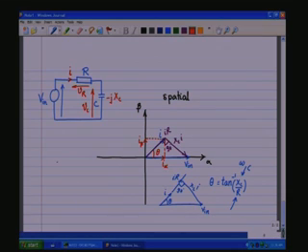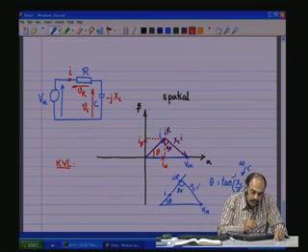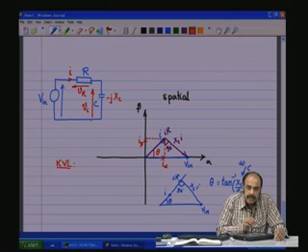So, we can now extend the KVL. Now, we said that the algebraic sum of the voltages in a loop should add up to 0, that is Kirchhoff's voltage law.